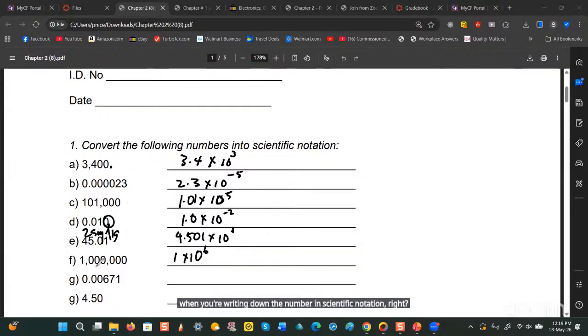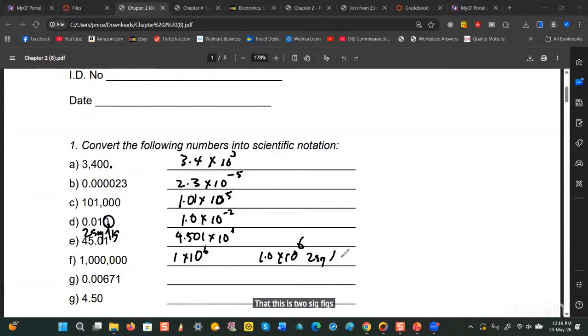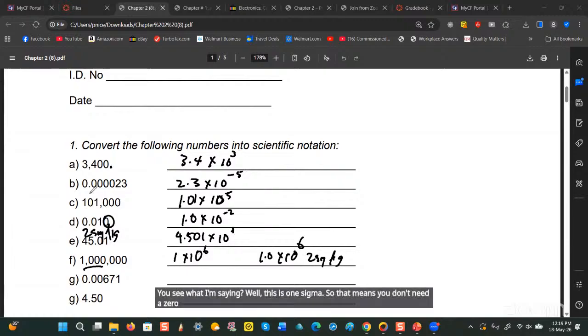In the last one, you said 1.0 times 10 to the 6. The problem with that is that this is 2 sig figs, while this is 1 sig fig. So you don't need a 0 here in order to get the correct number of sig figs in the scientific notation. Okay.